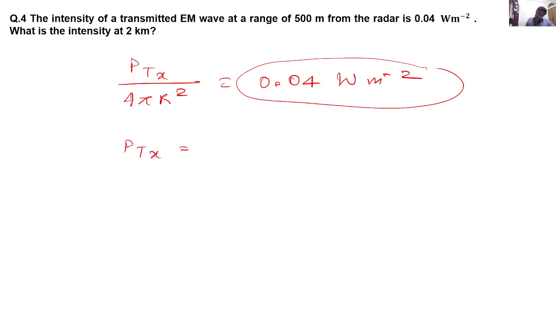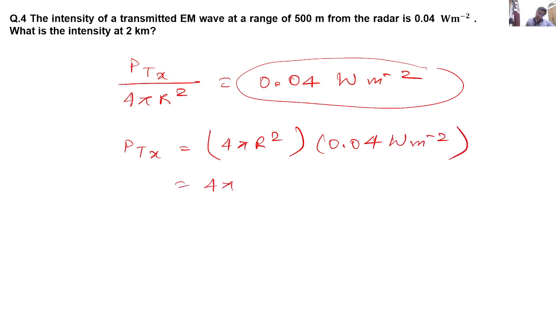So Ptx is equal to 4 pi r square times 0.04 watt per meter square.